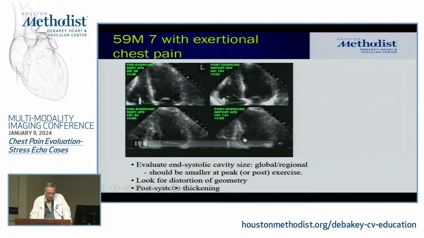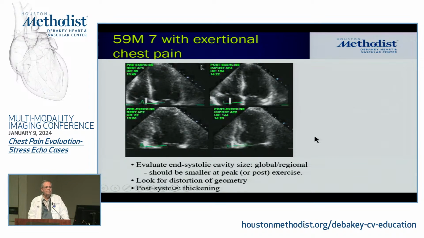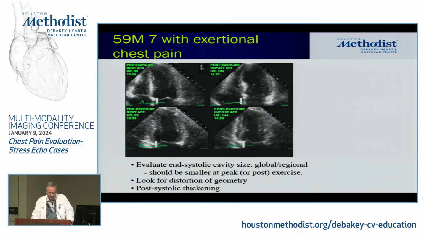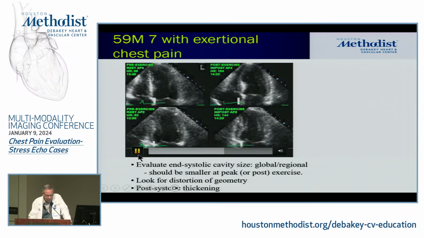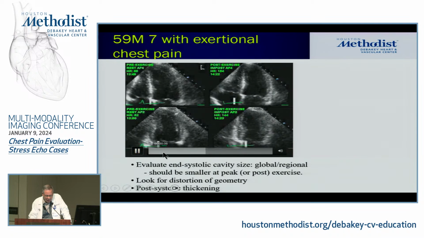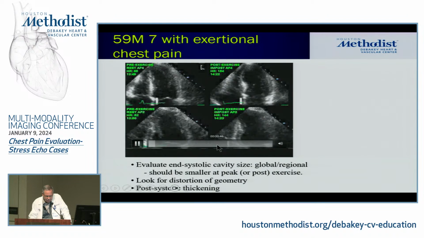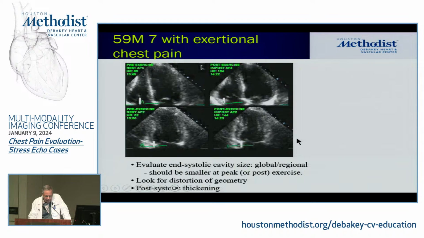What else do you see when I'm saying now? Mitral valve. Mitral valve is opening. Okay? Now let me see if I can do this here. I don't think I can stop it.